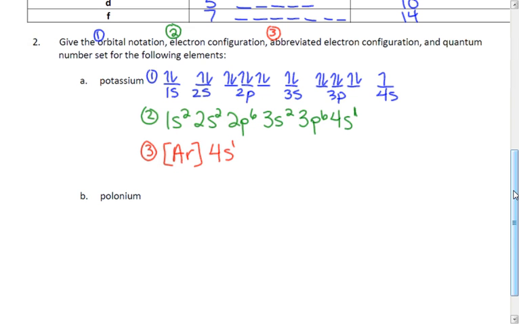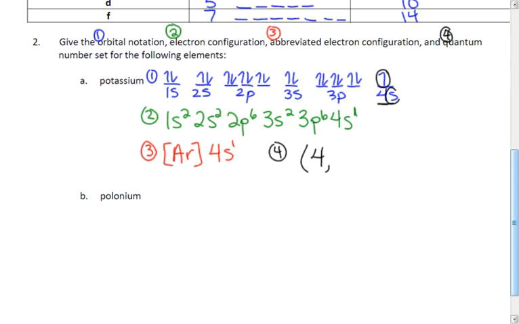And then the last thing we want to do is come up with our quantum number set. So what we need to do is look at the very last electron we drew for orbital notation. So we're looking at this electron right here. How do we come up with the first quantum number? This number right here. So that's going to be energy level 4.